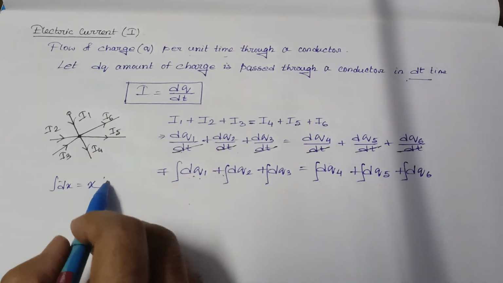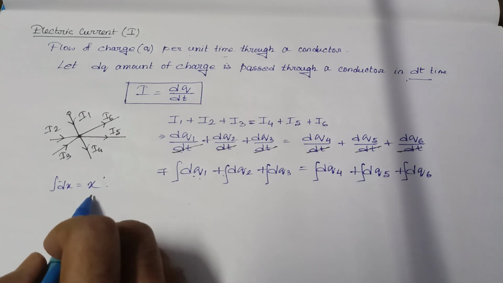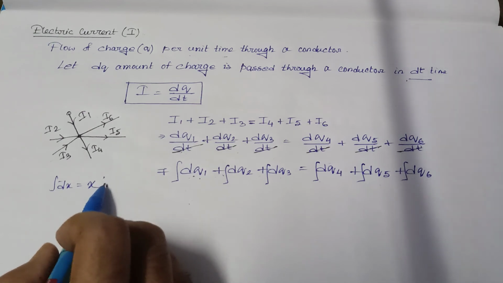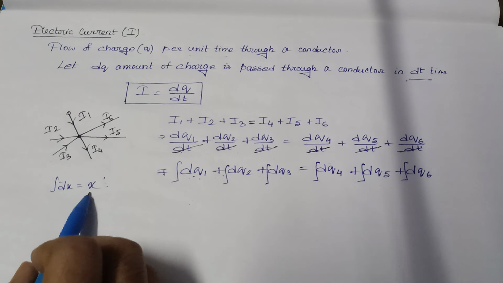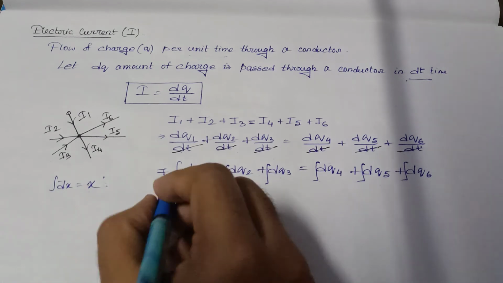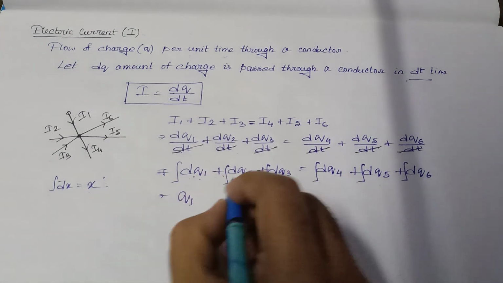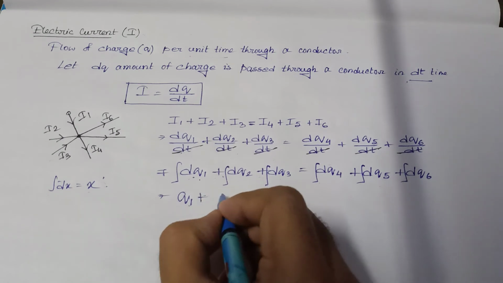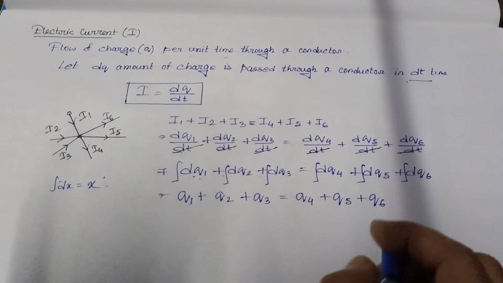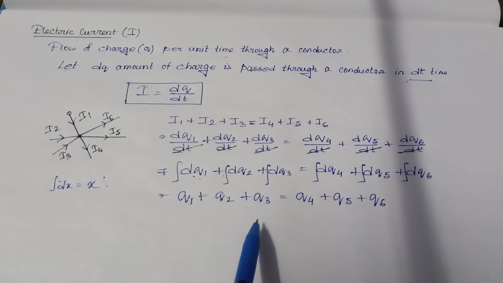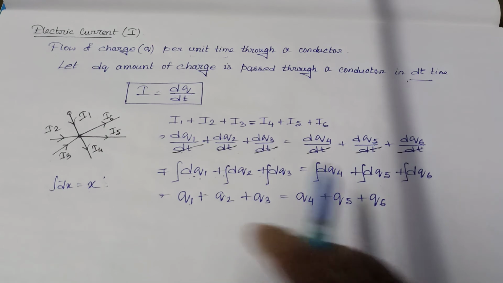Plus c maybe, but we are neglecting the plus c here. So integration of dx means x, so integration of dq1 means q1, dq2 will be q2. It's like q1 plus q2 plus q3 equals q4 plus q5 plus q6.